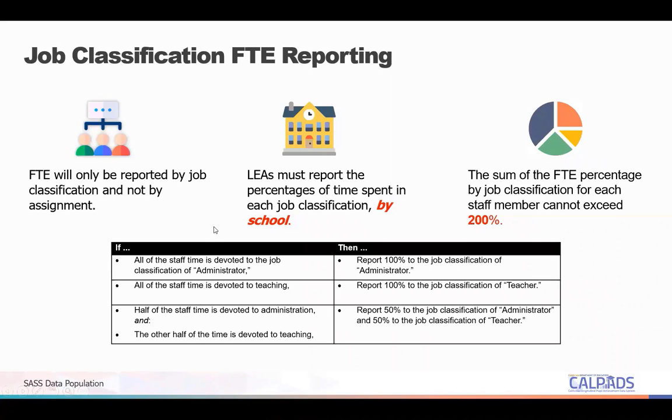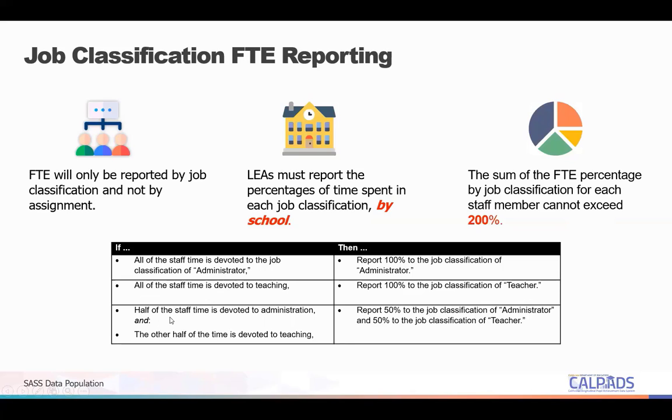So here are some scenarios or examples. If all of the time the staff is devoted to the job classification of admin at a school, then report 100% to the job classification of administrator. If all of the staff time is devoted to teaching at one school, then report 100% to the job classification of teacher.